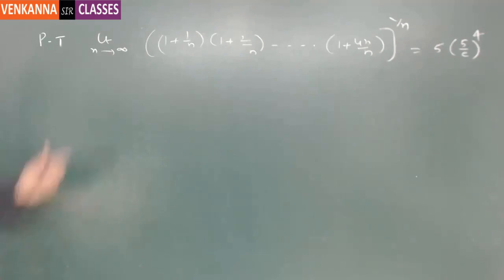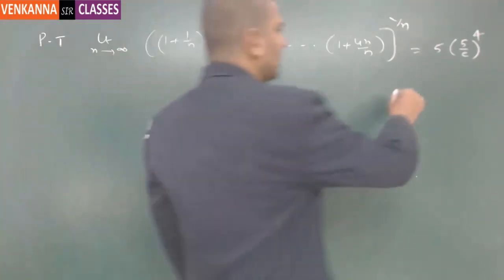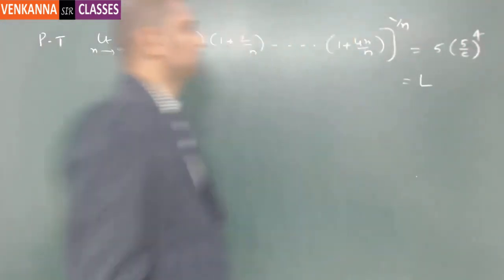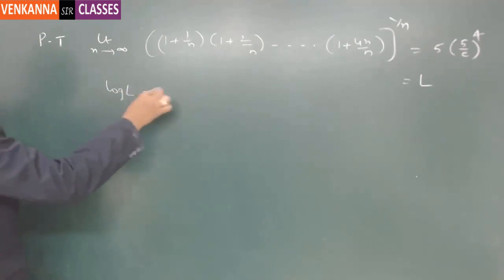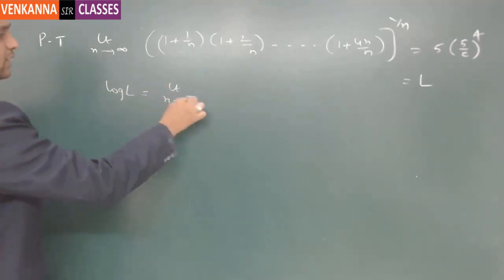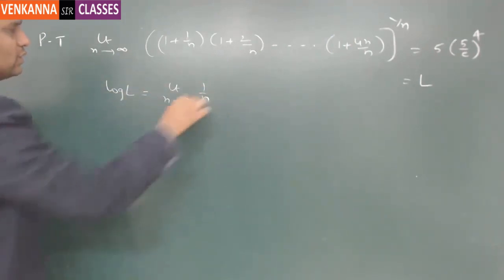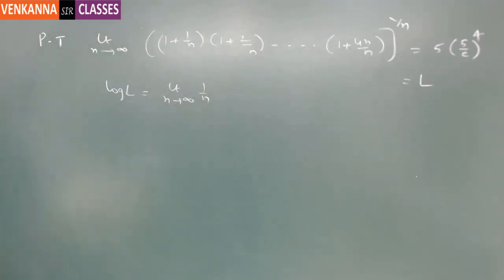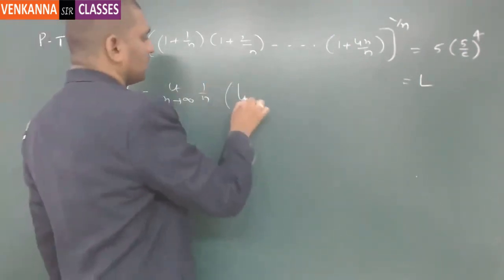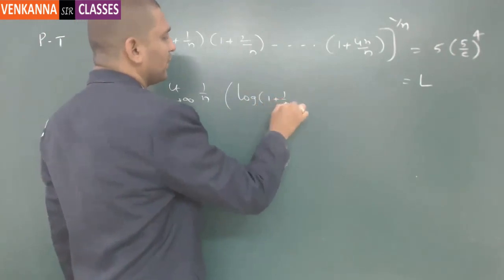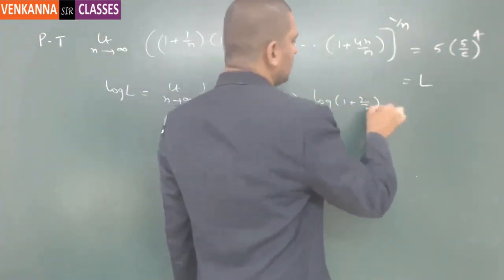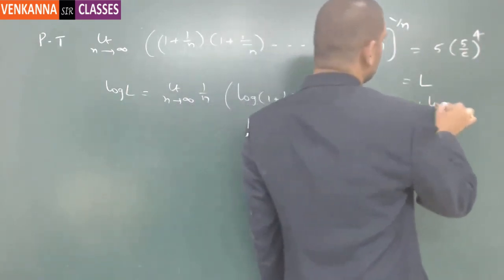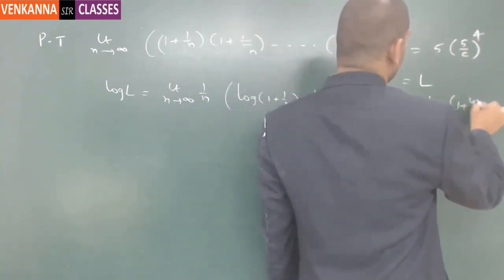So let us take that this entire value is equivalent to L. Now let us take logarithm on both sides. So you have log L is equal to limit n tends to infinity 1 by n into log of 1 plus 1 by n plus log of 1 plus 2 by n plus so on plus log of 1 plus 4n by n.